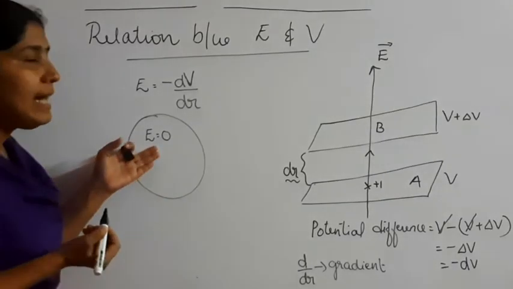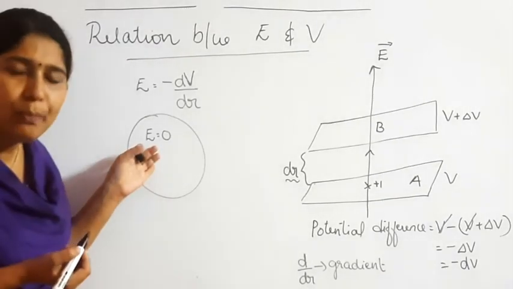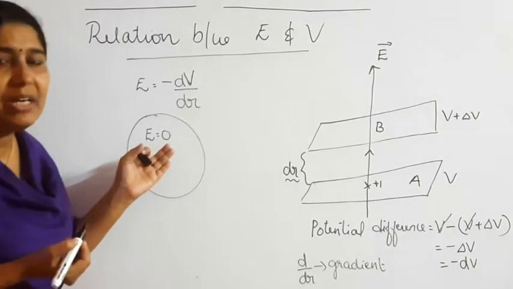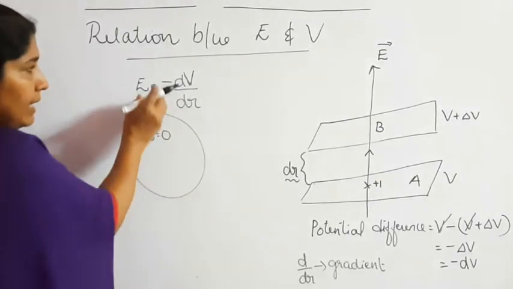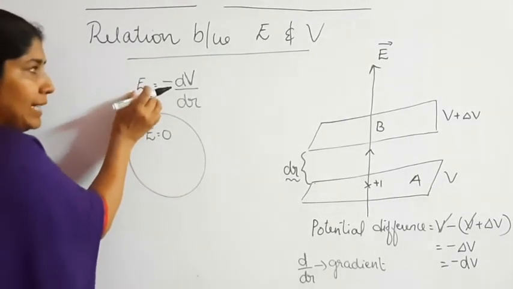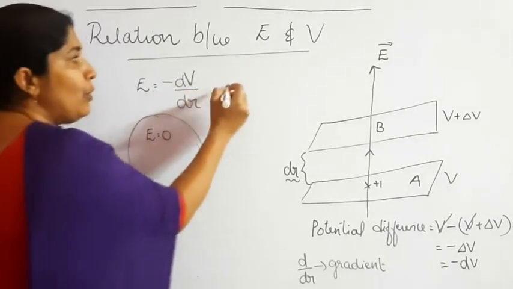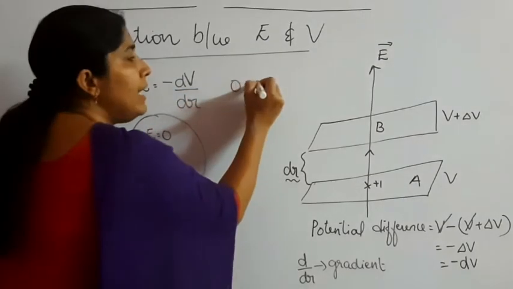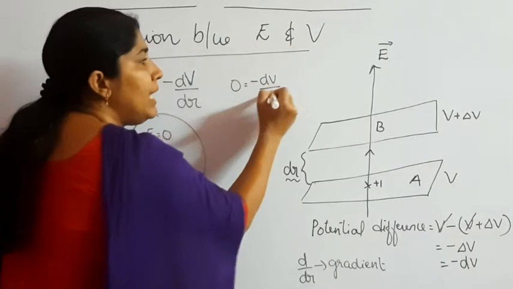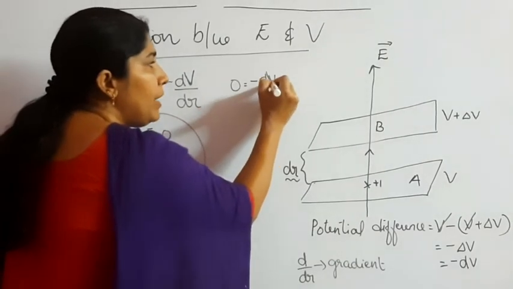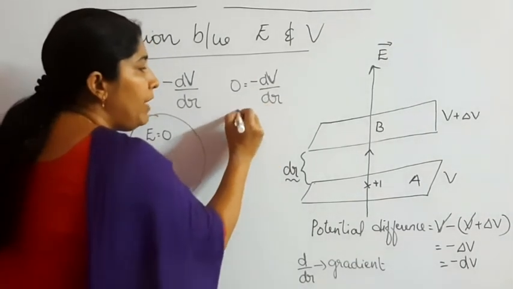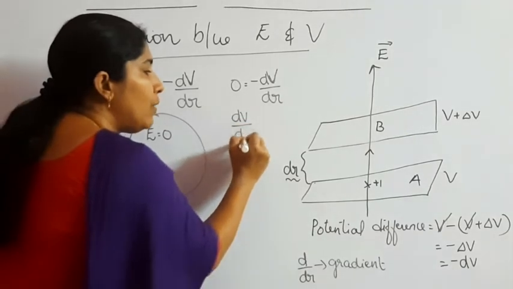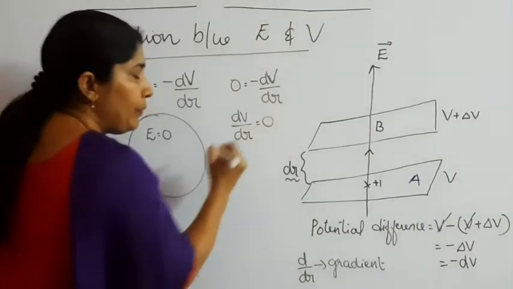In this equation, we put E equal to 0. Therefore, 0 equals minus dV divided by dr, so dV by dr is also equal to 0.